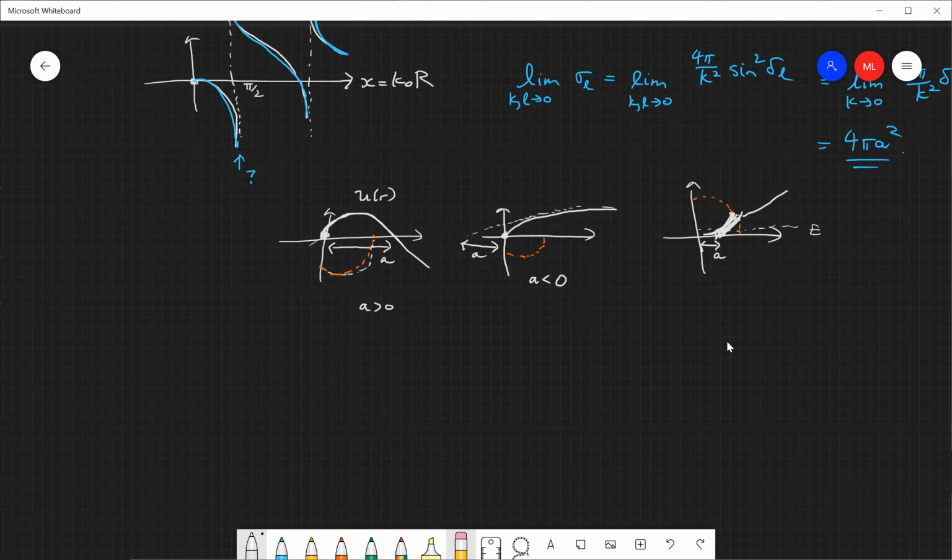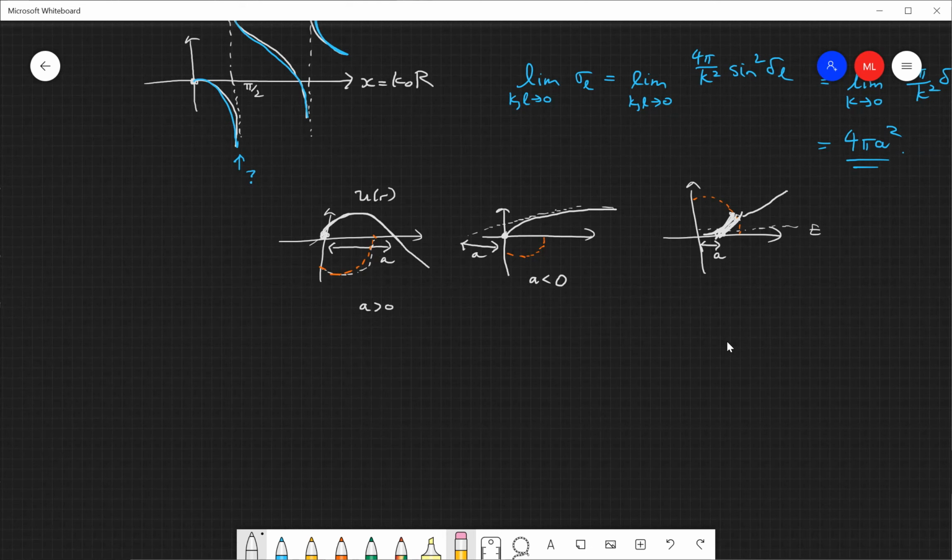And that's just the intuition. So if you have a well, then the scattering length tells you something about whether or not you have a bound state there. And each time you pick up a bound state, the scattering length goes from negative large values to positive large values. And that corresponds to the change in the shape of the radial wave function.